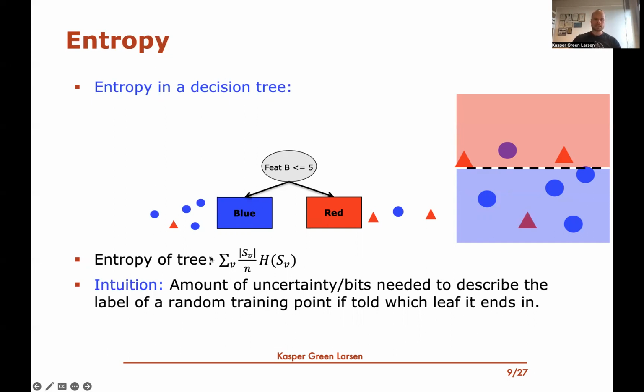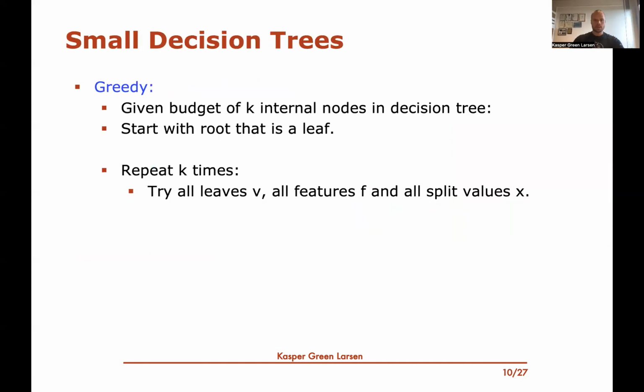So this is basically telling you the expected number of bits I need in order to describe the label of one of these training examples, if I tell you where it ends. And of course, if the tree perfectly splits the data, if I tell you where it ends, I already know the label of it. So that's an intuition for why if you perfectly split, the entropy drops to 0. So it's a natural measure of how much uncertainty is left after I've used my tree to classify the data, to split the data.